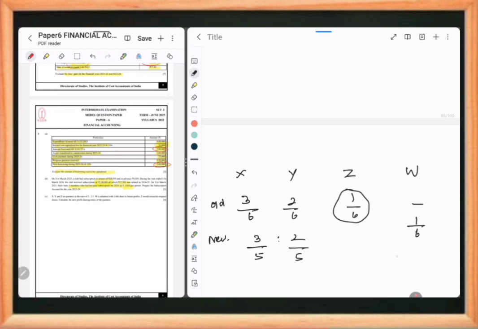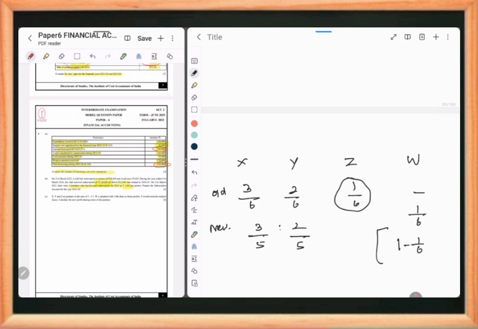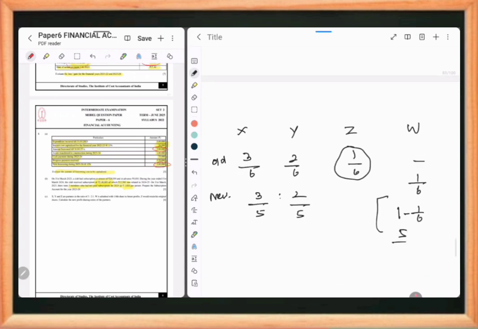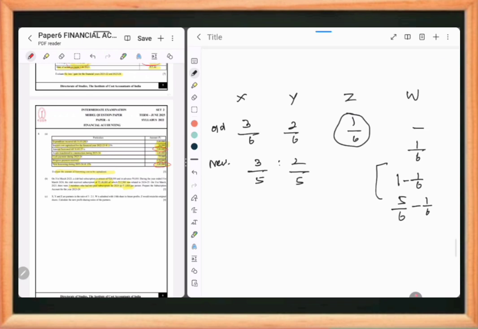So if the total is 1, out of that we have to give W 1/6. So the remaining, how much? 1 minus 1/6 is equal to 5/6. Z will have the same share, 1/6. If we deduct that, the remaining will be 4/6.